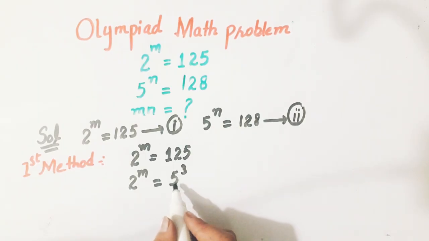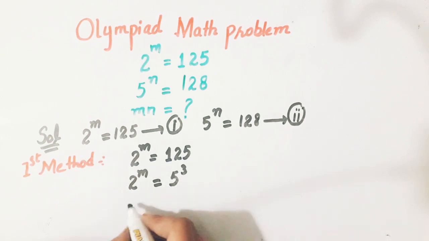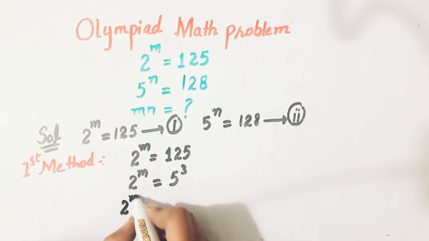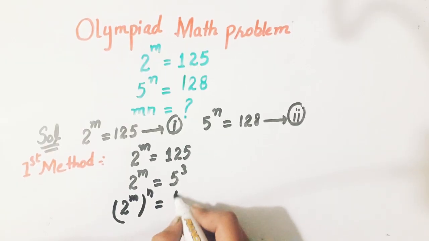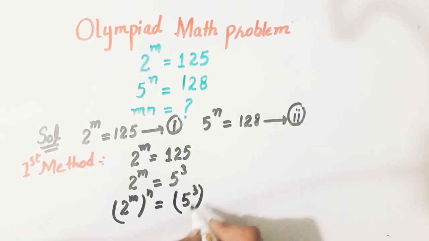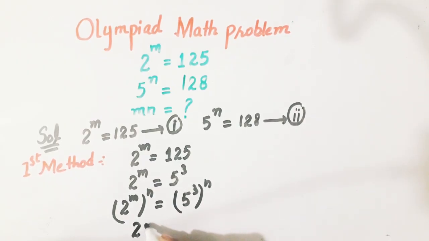For this purpose we will take power n on both sides of this equation. So 5 raised to power 3, whole power n, will become 2 raised to power mn, and this is 5 raised to power 3n.